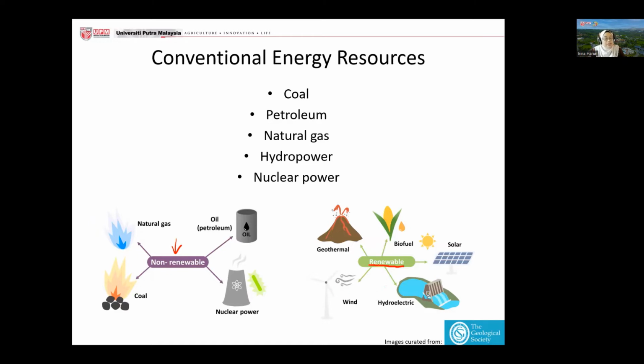Of course, apart from that, we see things like wind, geothermal, biofuel. These are all very interesting resources of energy because apart from them being renewable, they also fulfill certain conditions that make them more desirable compared to things like fossil fuels.